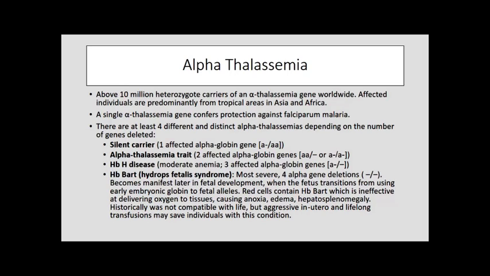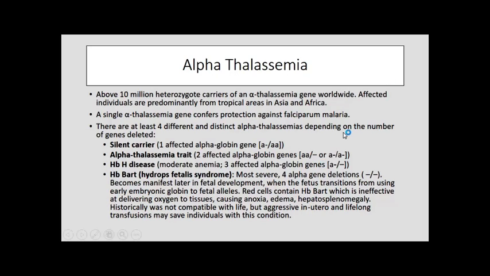You have the 4 genes, 2 A's and 2 A's, maternal, for example, and paternal chromosome, 2 copies and 2 copies. Deletion of 1, this person will be a silent carrier. This is part of these 10 million people who are carriers, silent carriers of the disease.